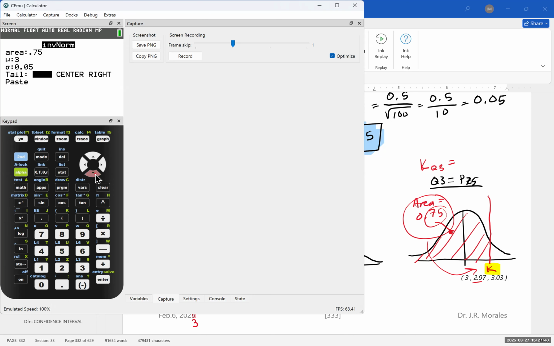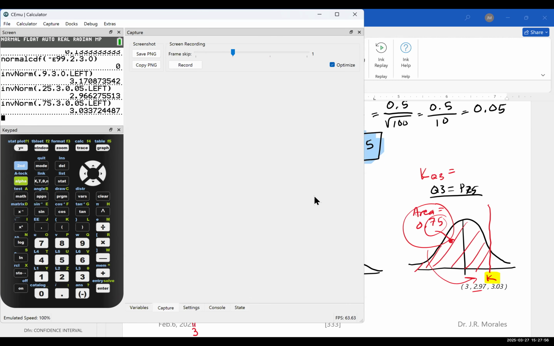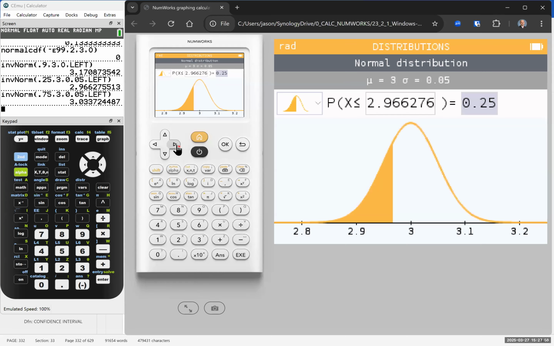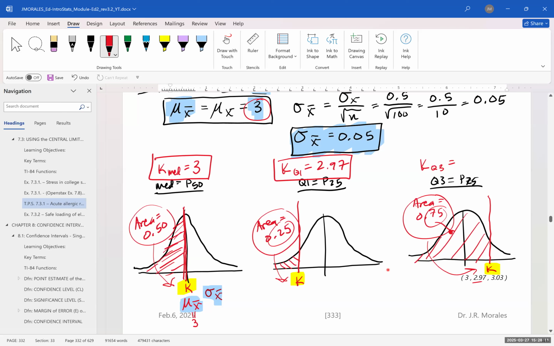All the other values are the same. 3.0337. Here, I'll just change the area to 0.75. 3.0337. Okay. So that's going to be 3.03.